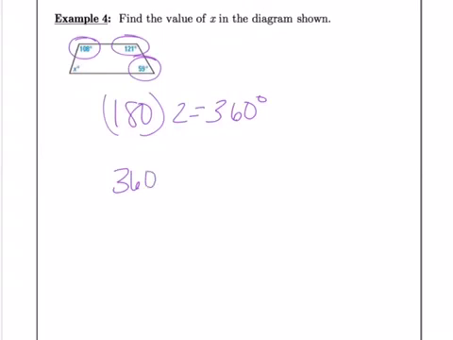I'm sorry, we need to go back. These three equal 288, so 360 minus 288 equals 72. So x equals 72 degrees.